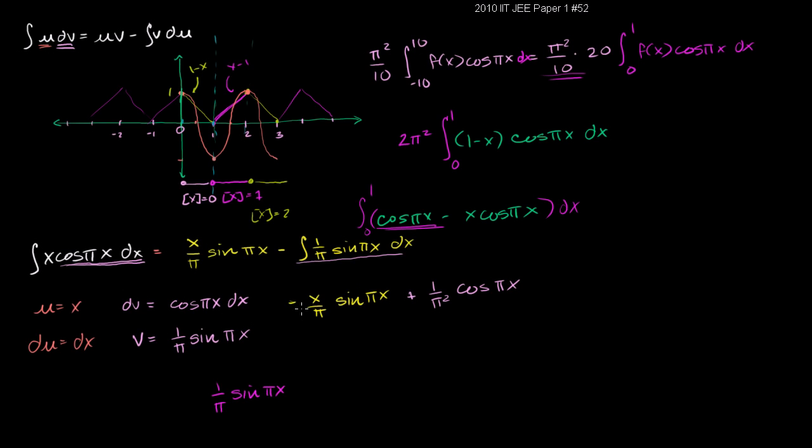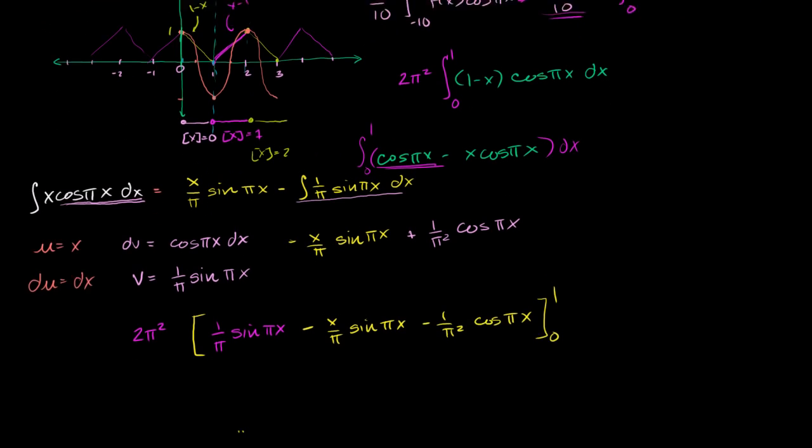So we'll put a negative sign out front. So minus x over pi sine of pi x minus 1 over pi squared cosine of pi x. And of course, we took the antiderivative, but it's a definite integral. We need to evaluate it from 0 to 1, and we don't want to forget that 2 pi squared out front.